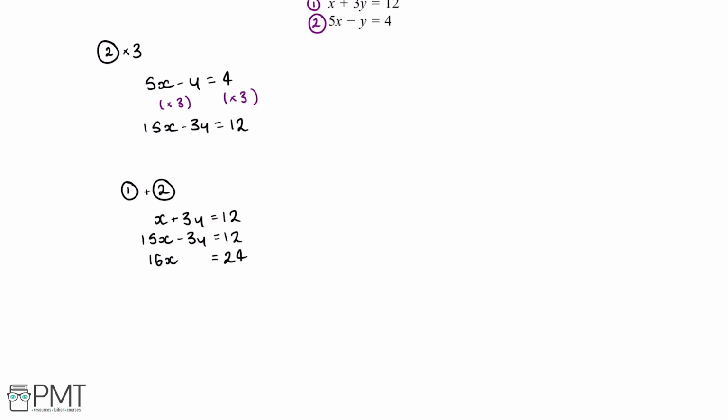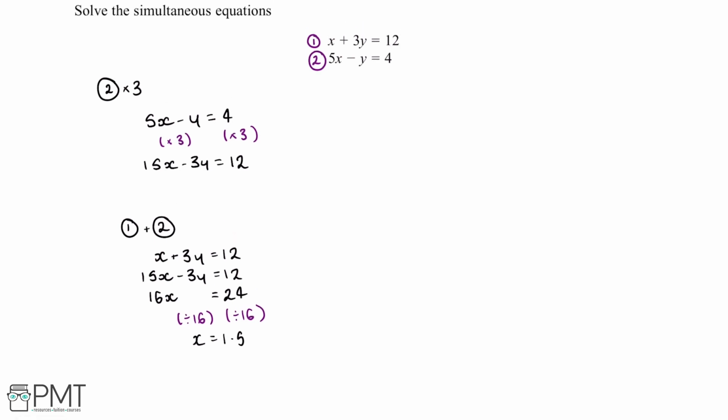So now the final thing we need to do with this equation is divide both sides by 16. And this tells us that x is equal to 1.5. So now what we need to do is substitute this value of x back into one of the original equations so that we're just left with the y term, and we can therefore work out the value of y.